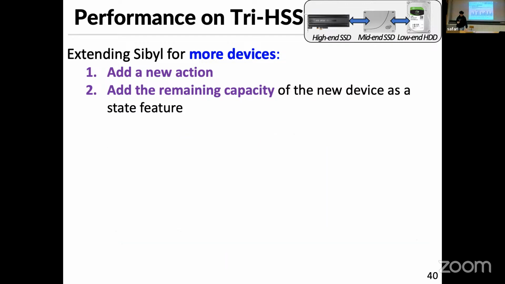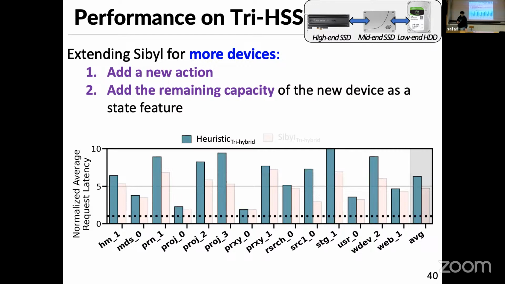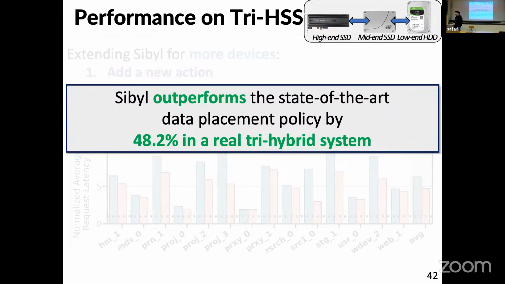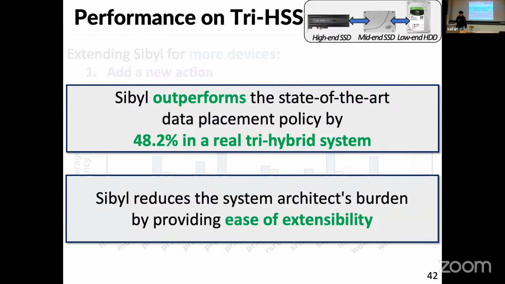And Cibil will automatically adapt to this, and it still outperforms the state-of-the-art data placement policy by 48.2%. As I have just explained, there's quite an ease of extensibility when you go from dual hybrid to tri-hybrid.